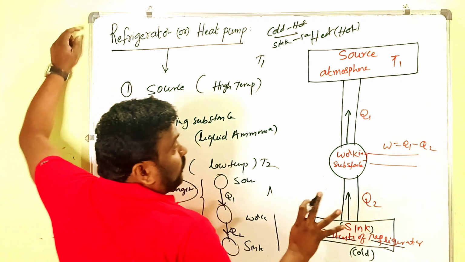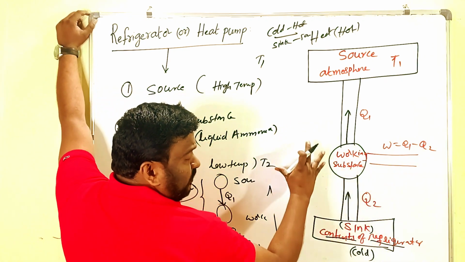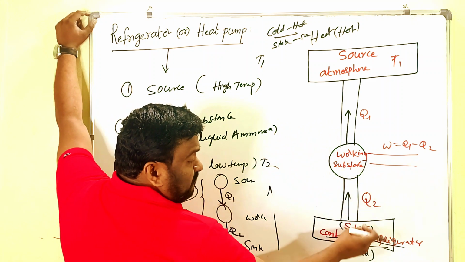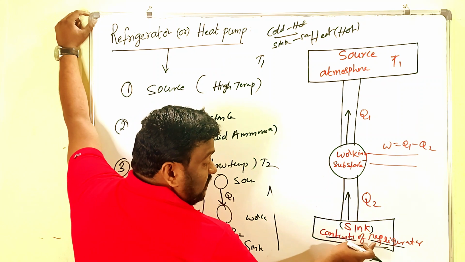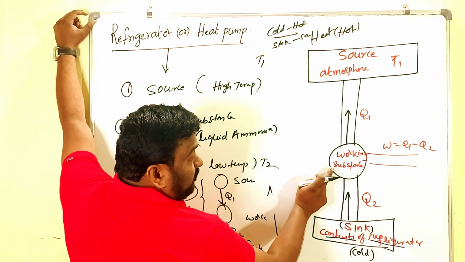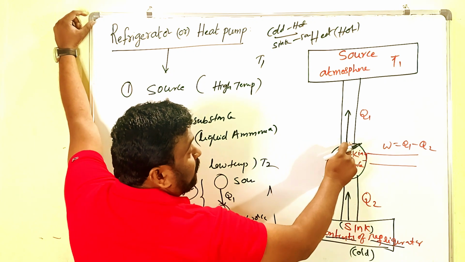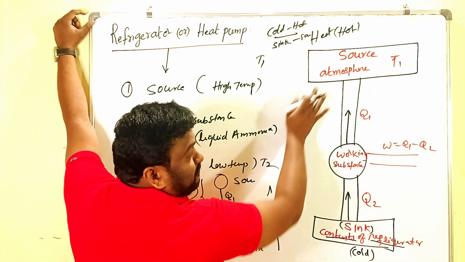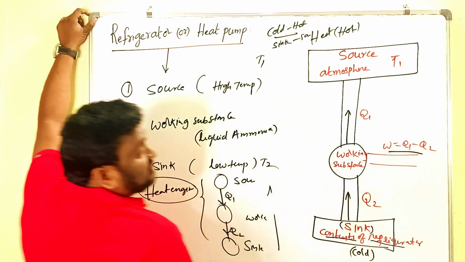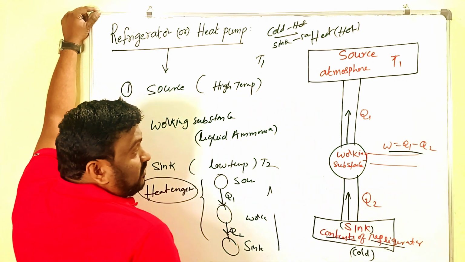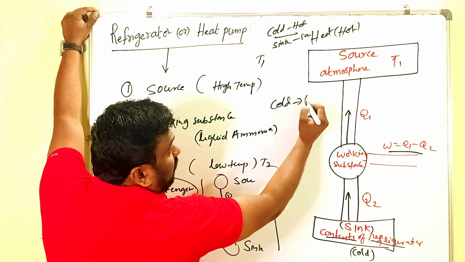Clear? That's why you have to remember, very simple: in a refrigerator, the working substance collects heat from the sink, which is operating at the lower temperature. After that, some work is done on the working substance. After that, some part of the heat is given to the source, like the atmosphere. In this case, the work is given by W is equal to Q1 minus Q2. Dear friends, heat is moving from cold to hot.